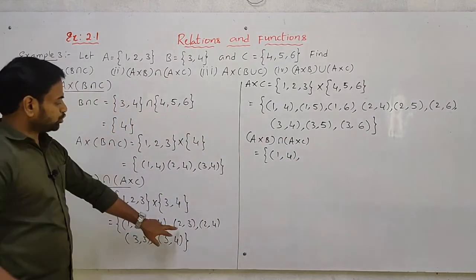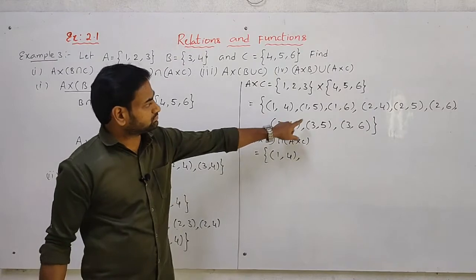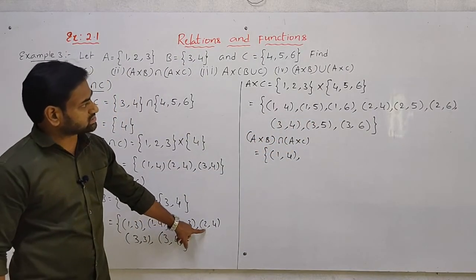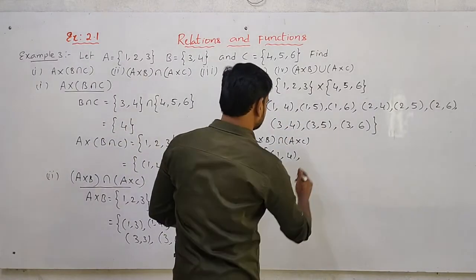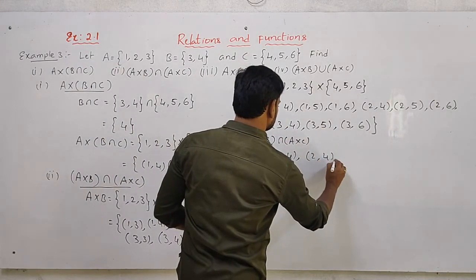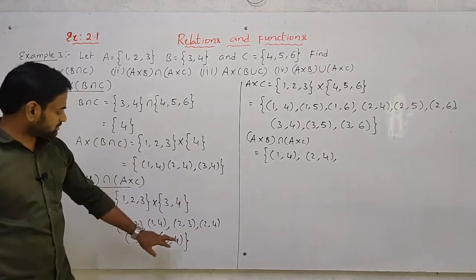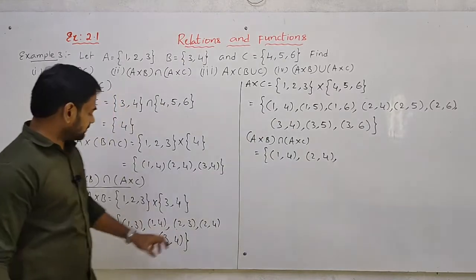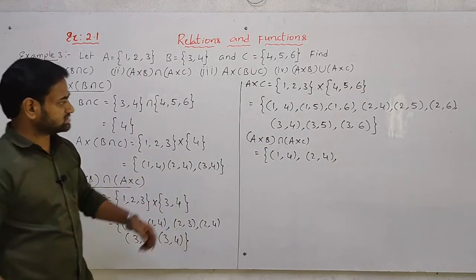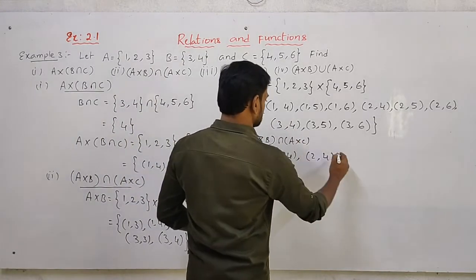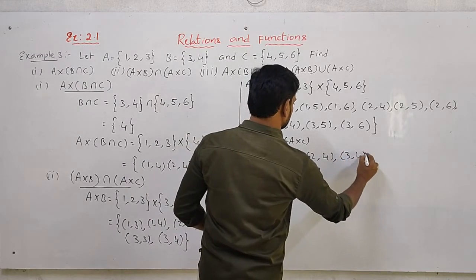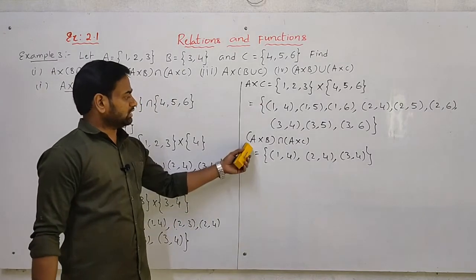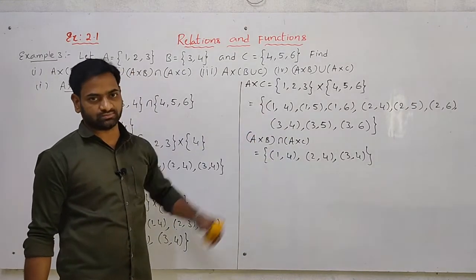Next, (2, 3) is there. Any (2, 3) here? There is no (2, 3). Next, (2, 4). Yes, (2, 4) is there. Next, (3, 3). Any (3, 3) here? No (3, 3). Next, (3, 4) is there. Yes, (3, 4) is there. So these are the common elements for A cross B and A cross C.